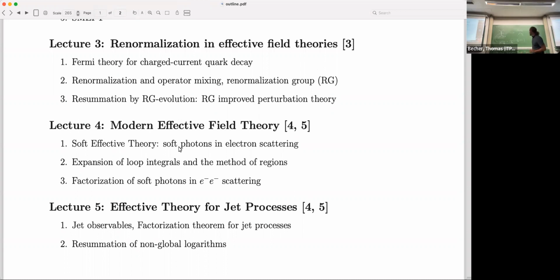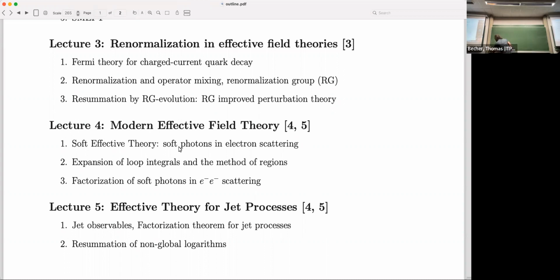Good. So these are two examples. And now there are two types of effective field theories that are used in the literature.